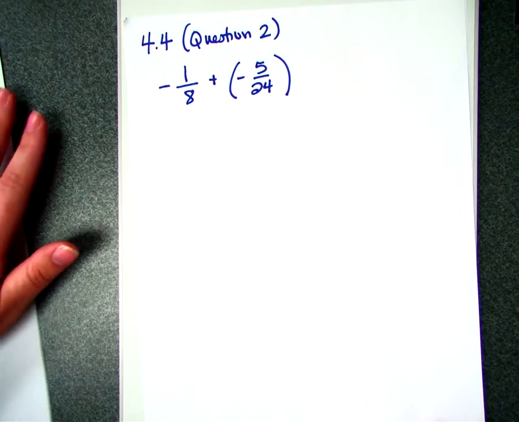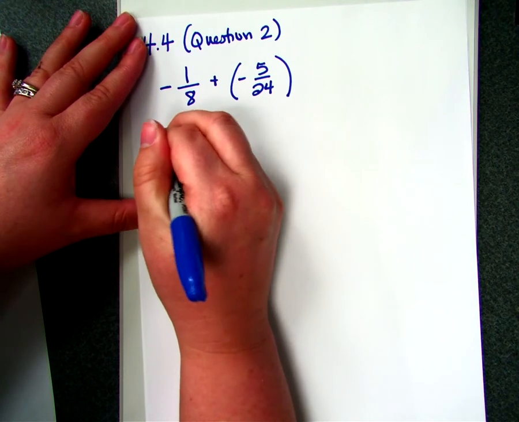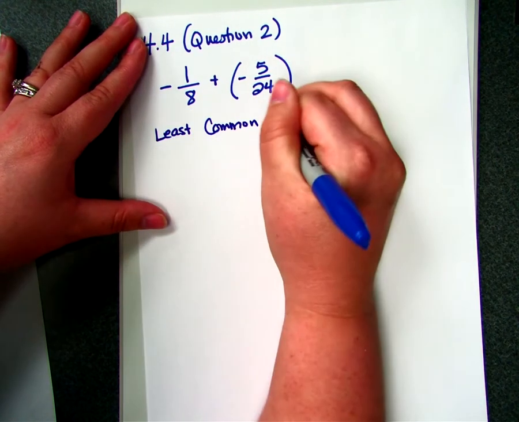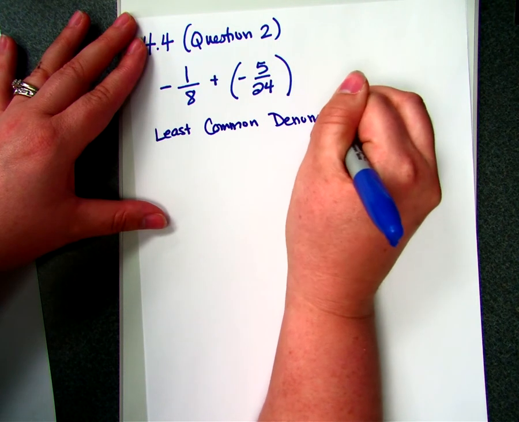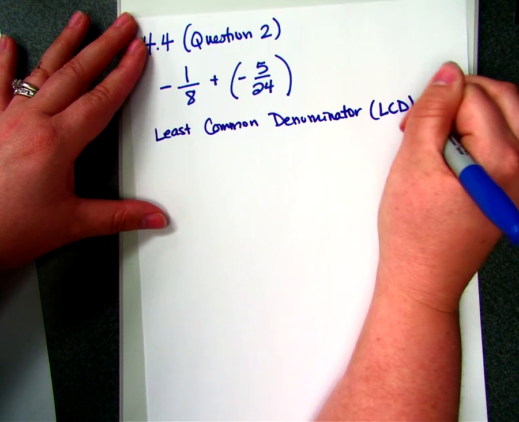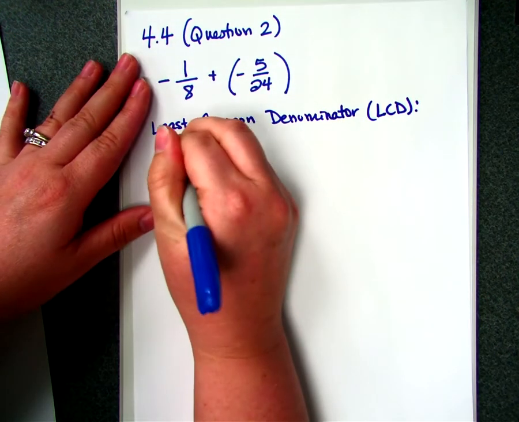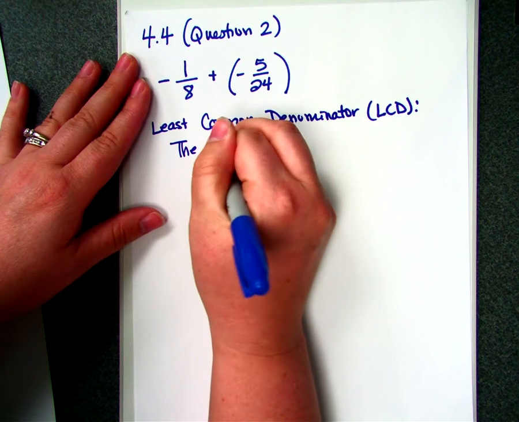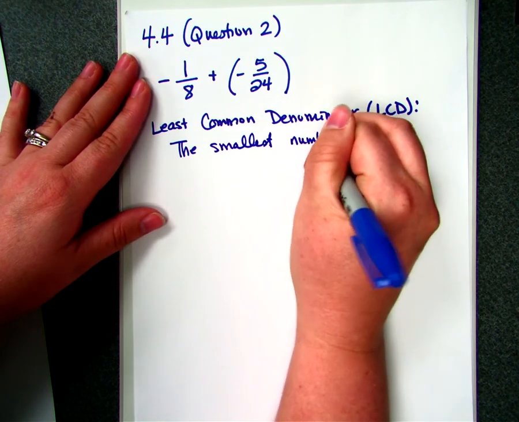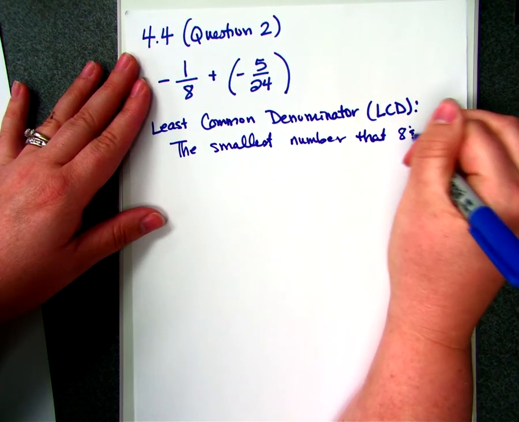That's why we find a common denominator. What I would suggest doing is looking for something called a least common denominator, or it's also referred to as an LCD. And what we do is we look for the smallest number that are two numbers, and in our case, they are 8 and 24.